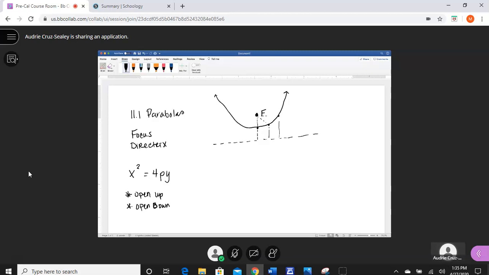If x is squared, it's going to open up or open down. Something else I want you to write here is that you always open toward the focus. You're always going to open toward the focus.